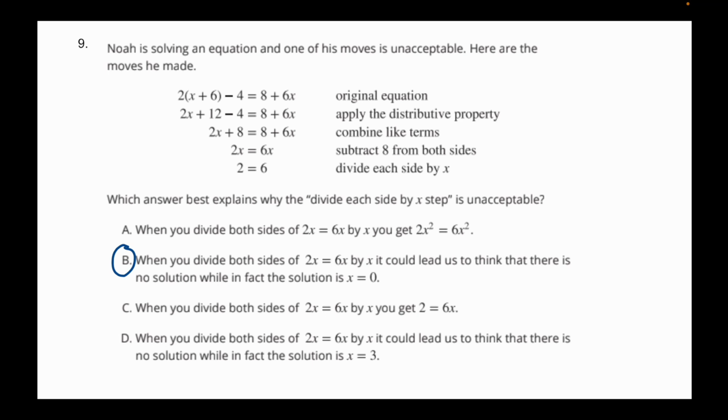So x equals 0 is the answer here, because 2 times 0 is equal to 6 times 0. It basically leads us to no solution, and we shouldn't be dividing by 0. So when it is 0, that sort of move doesn't work out well.